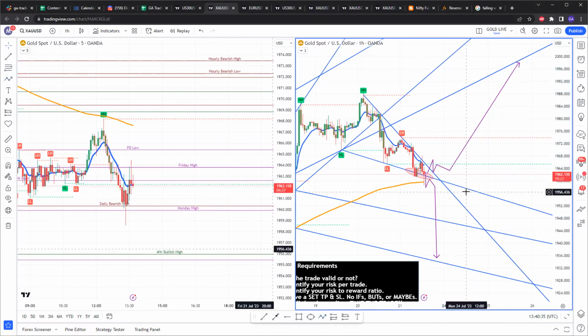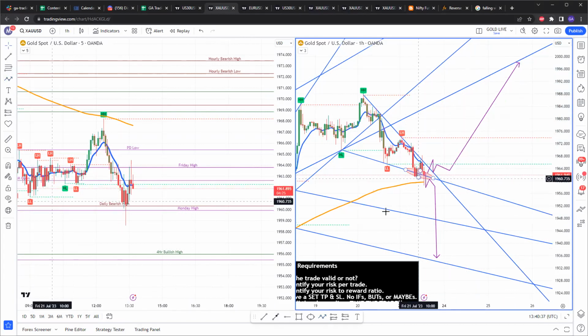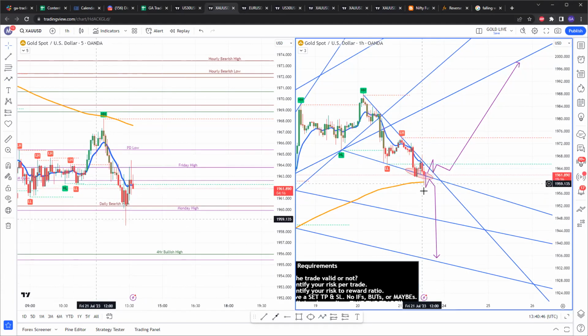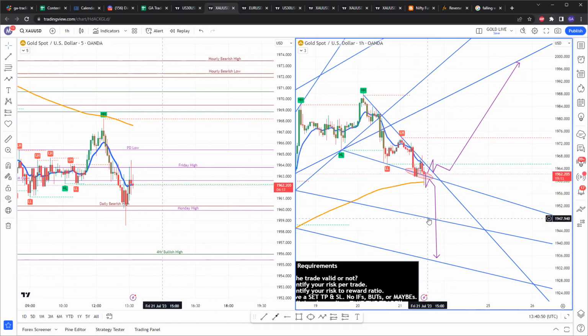So until that happens, I'm going to stay out of gold until we get that proper confirmation. If we get this confirmation to the downside, this would be a nice sell, because it would be in the motion of the death cross on the hourly time frame. But until then, I do see a lot of fake outs happening on gold in the meantime.